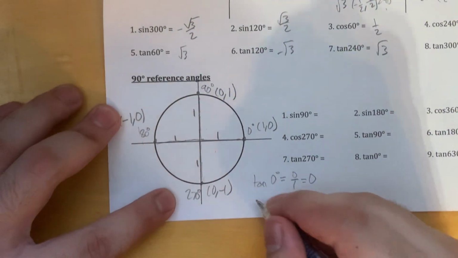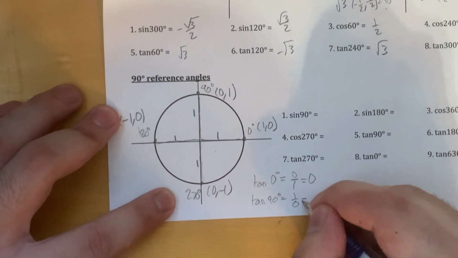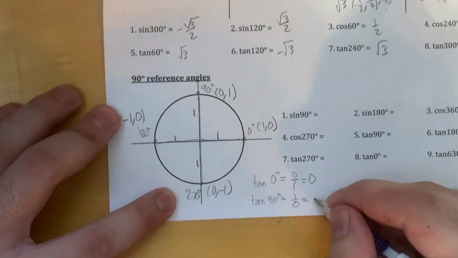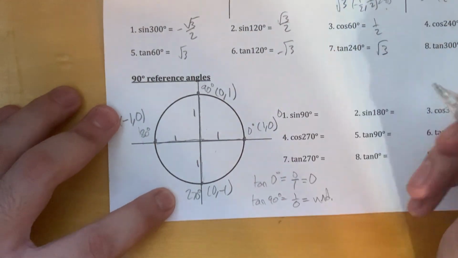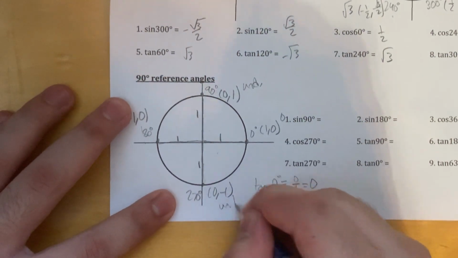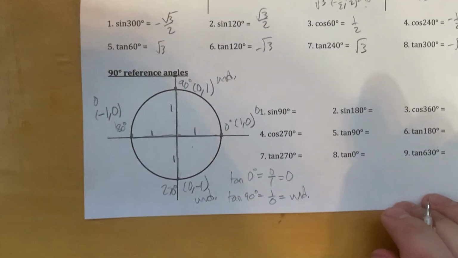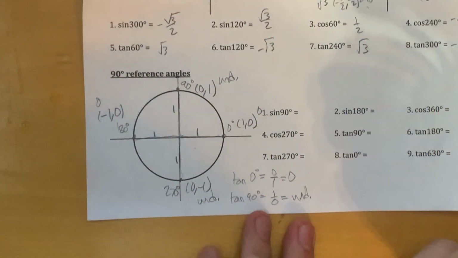Here's the tricky one. What about tangent of 90 degrees? It's 1 over 0. What does that equal? That's undefined. It does not exist. So let's label them: 0, undefined, 0, and undefined. It's okay to write it as undefined. We're showing that it doesn't exist.